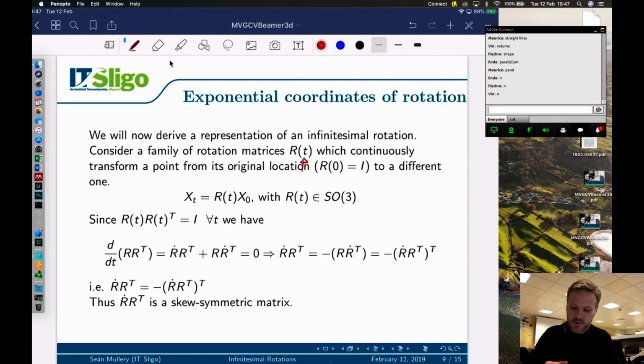We want this family to continuously transform a point from its origin location to some new location. We give that by the rotation at angle T, multiplied by our origin vector, gives us our new vector, where that vector has been moved to.